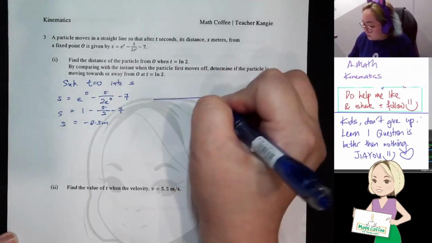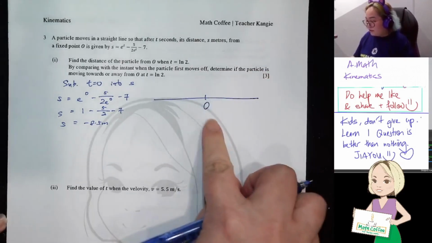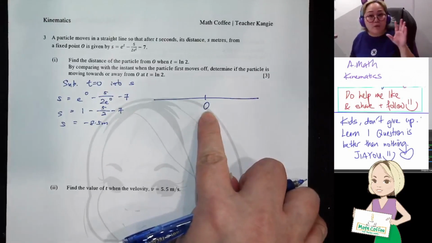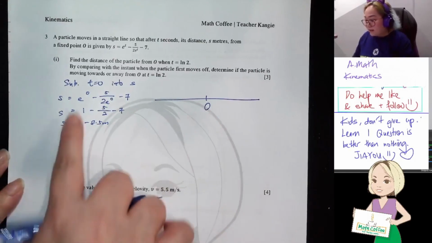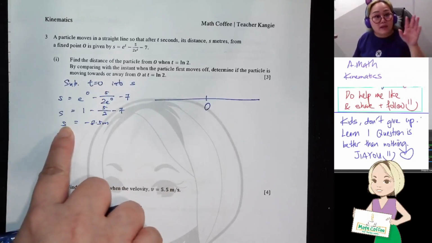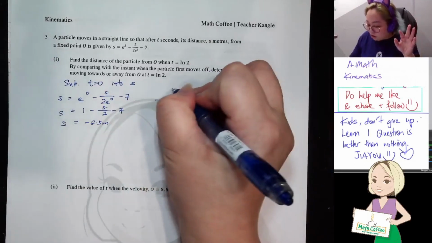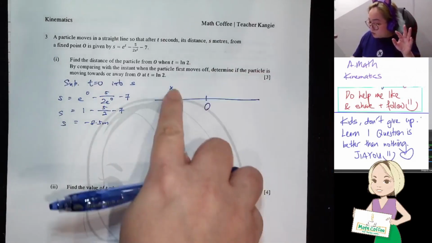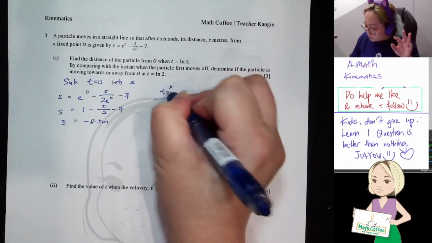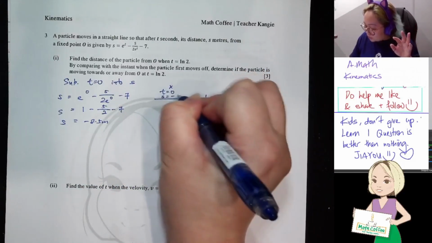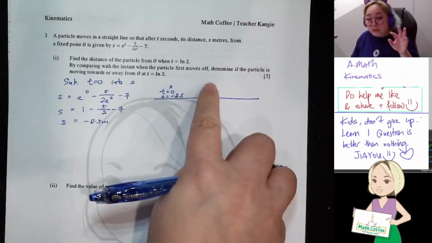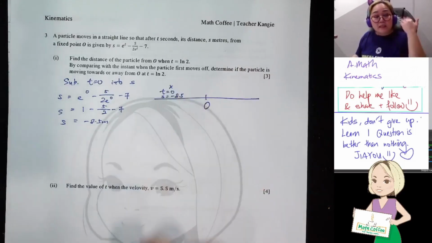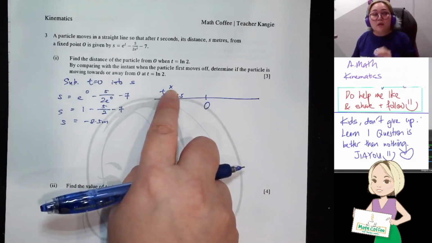Over here, this is the reference point O. When t equals 0, s equals negative 8.5, it means that your particle is over here. That means it is behind the reference point. At the start, it is here.